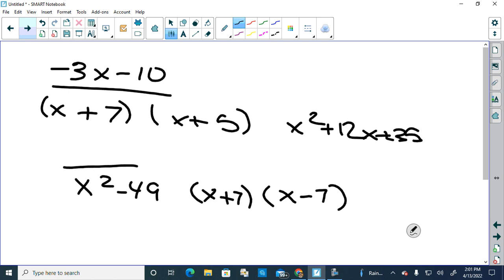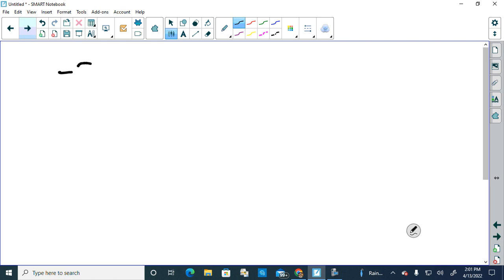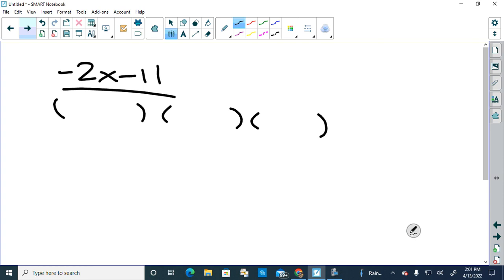Okay, number 21 is a negative 2x minus 11 on top, and then on the bottom is the 3 parentheses again, which I don't really need to put those back together. It's like x plus 6, x plus 5, and then x minus 5. It would be long. Okay.